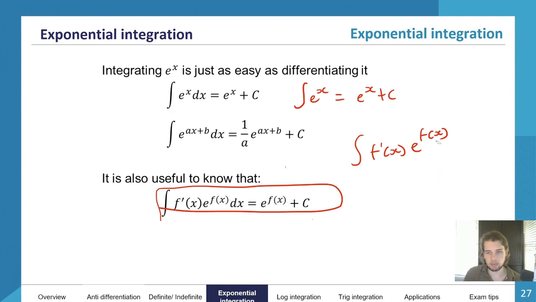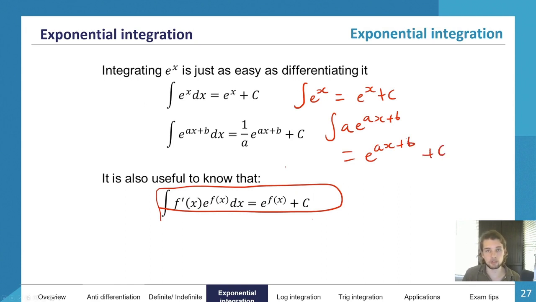And that can obviously be applied to this linear one, because in this scenario, let's say we had e to the power of ax plus b. Then if we integrate that, it would be equal to 1 over a times e to the power of ax plus b, plus c at the very end.